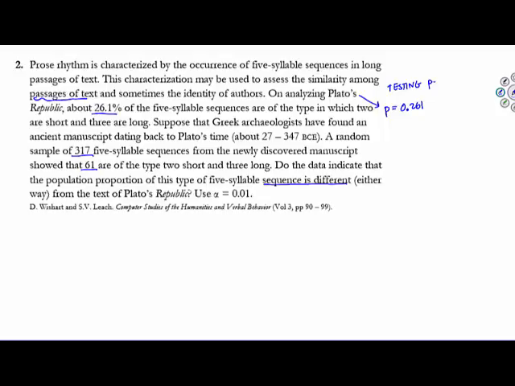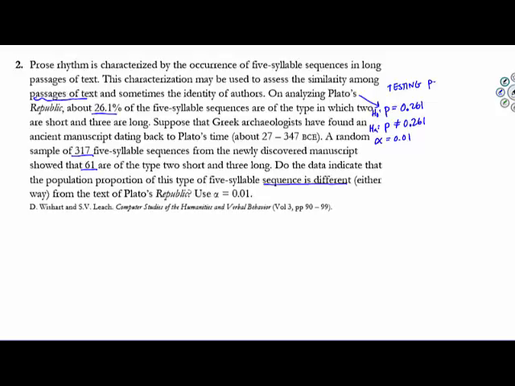We want to know if the sequence in the new manuscript is any different than 0.261. Therein is the null and alternative hypothesis. The level of significance is given to be 0.01.